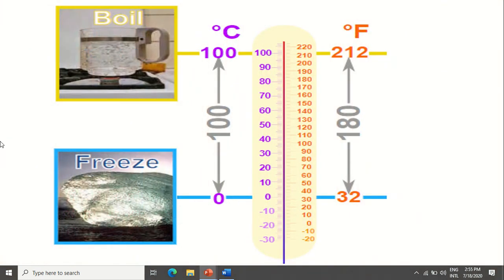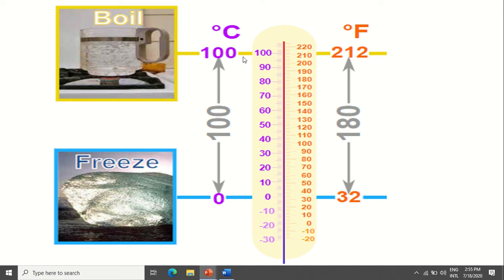Here the upper fixed point is taken as the boiling point of water, that is 100 degrees Celsius for the Celsius centigrade scale and 212 degrees Fahrenheit for the Fahrenheit scale. And the freezing point of water or melting point of ice is 0 degrees Celsius for the centigrade scale and 32 degrees Fahrenheit for the Fahrenheit scale.